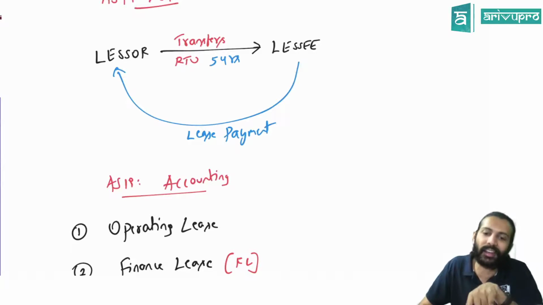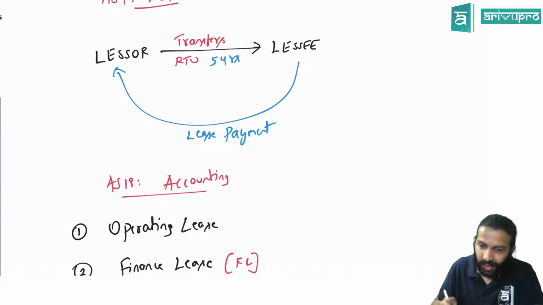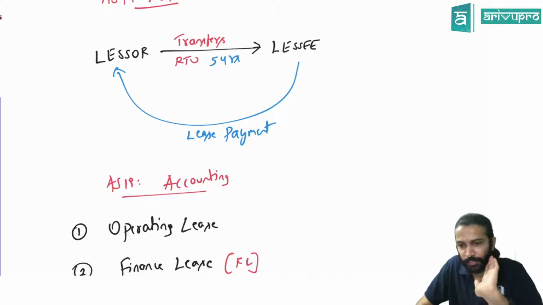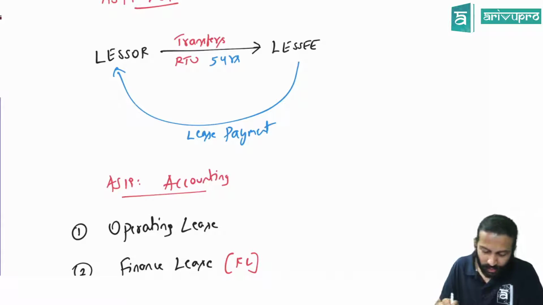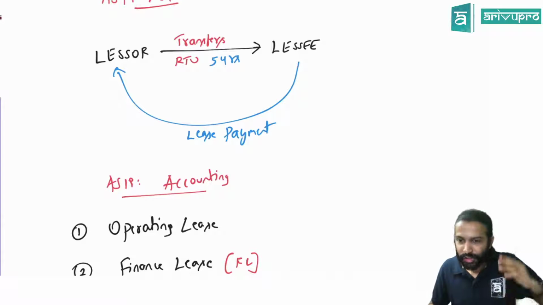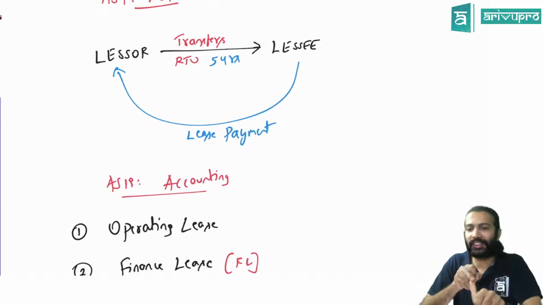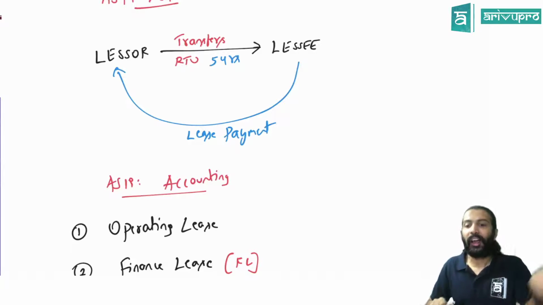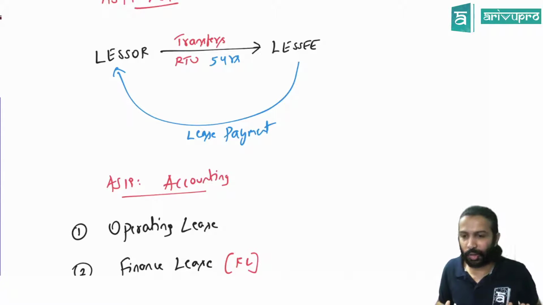Let him cancel the asset in his books, and let the substance owner, that is the lessee, show it as an asset in his books. This is the funda of AS 19. So legal ownership was irrelevant in AS 19. We used to check in substance who is using the asset and who is getting the benefit. He would be considered the owner and accordingly he will record that asset in his books.